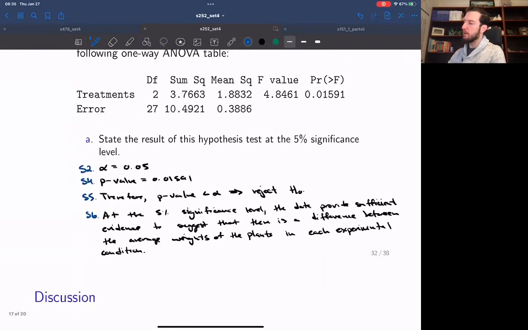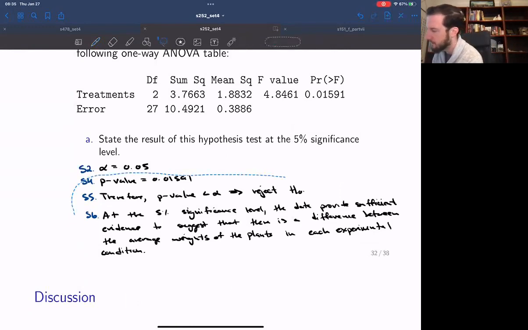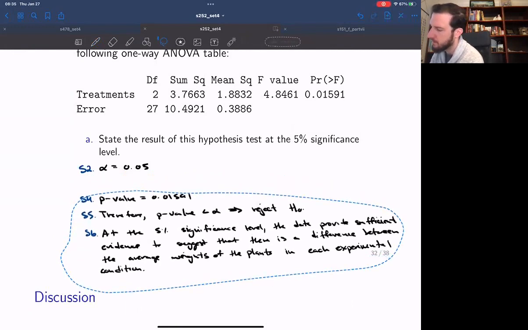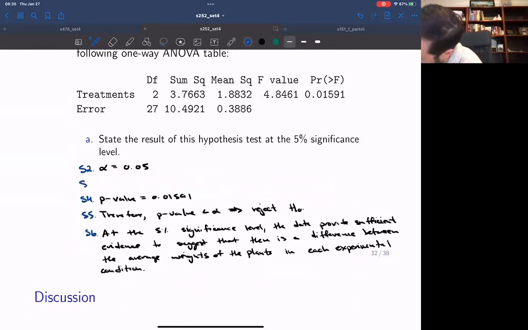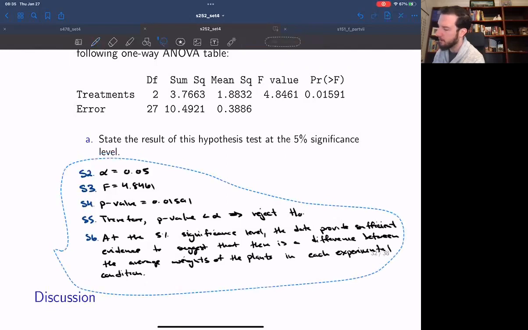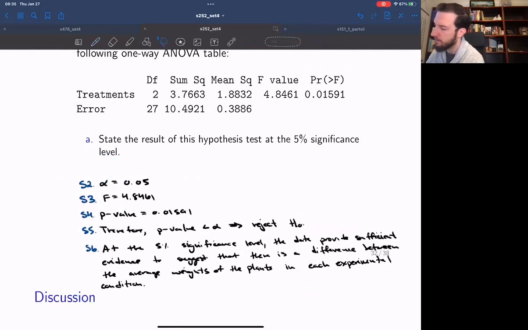All we would have to do is add in the F value on step 3. Right? And then all we would have to do is add in the null and alternative on step 1.